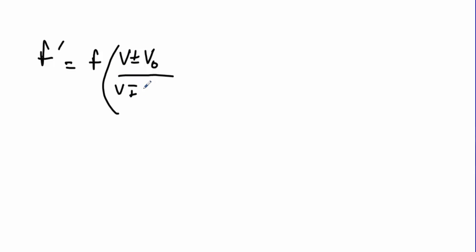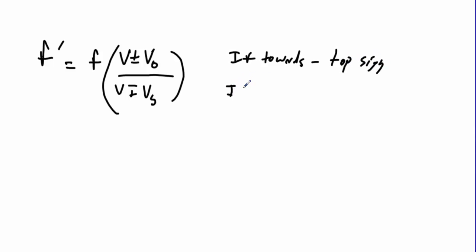Now why plus minus and minus plus? Well, because it depends on the relative motion of these things. If they're moving towards each other, use the top sign. If apart, bottom sign.